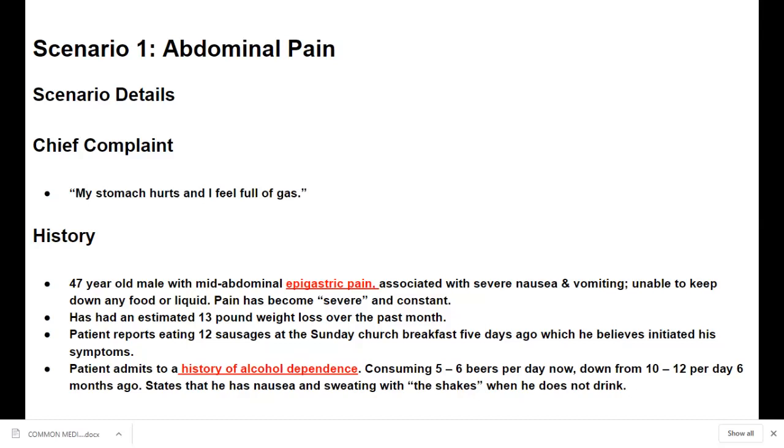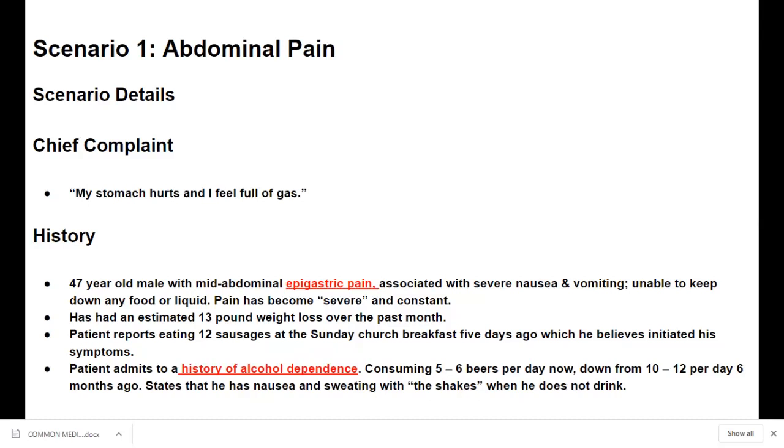And I found epigastric pain, R10.13. So that's what I would say was my first code.